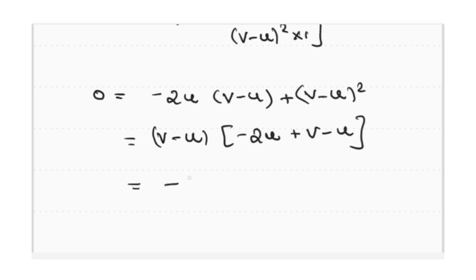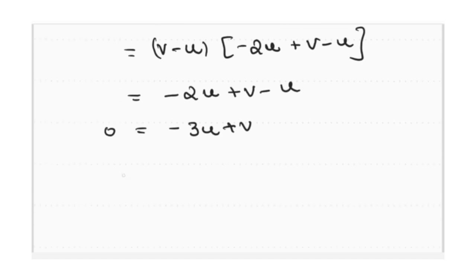What is left is minus 2u plus V minus u, that is minus 3u plus V, equal to 0. So V is equal to 3u.